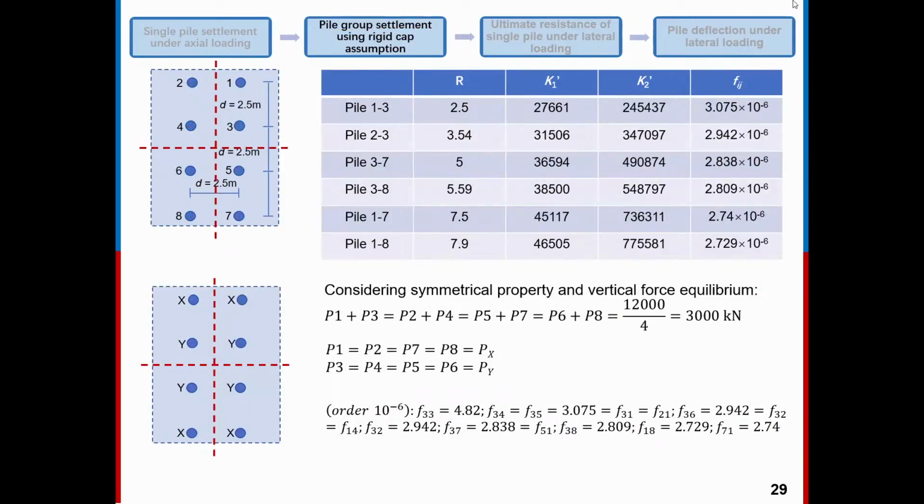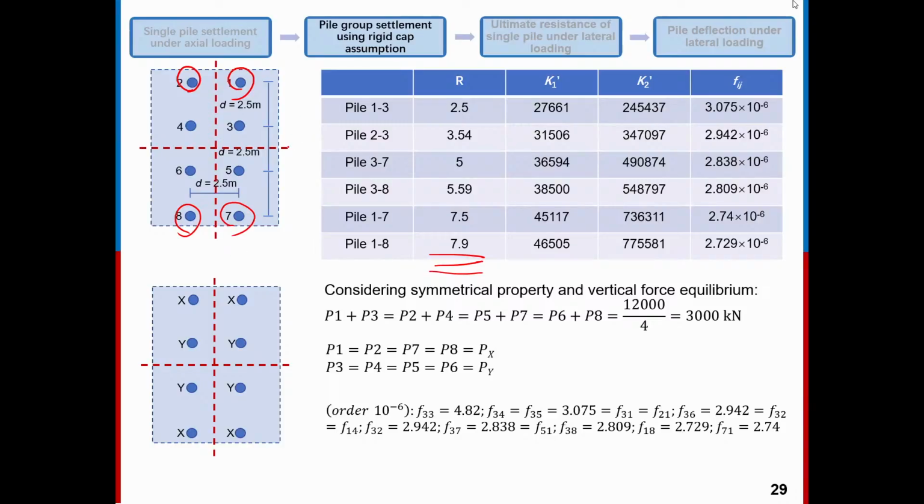As I discussed with you about the distance between different pairs of the pile group, we actually have 6 different values of distance, especially for pile 1. The case will be the same for pile 2, pile 7 and pile 8, because this pile group is symmetrical.